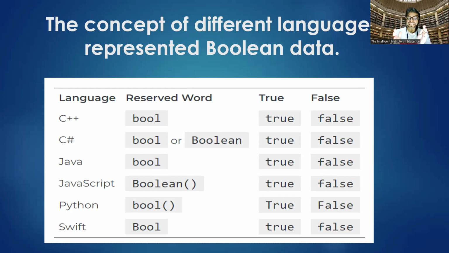Except for Python, in every language true and false are written in small characters. But in Python, the first character of True will be a capital T and the first character of False will be a capital F. Also in Python there are only three such keywords: None, True and False. The first character will be capital and the remaining will be small.